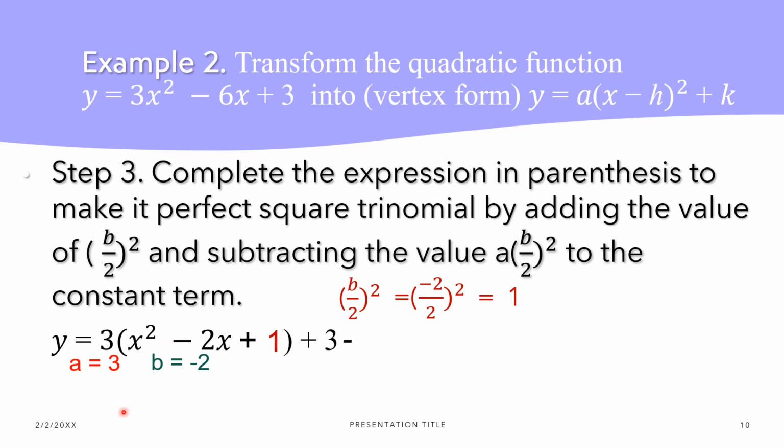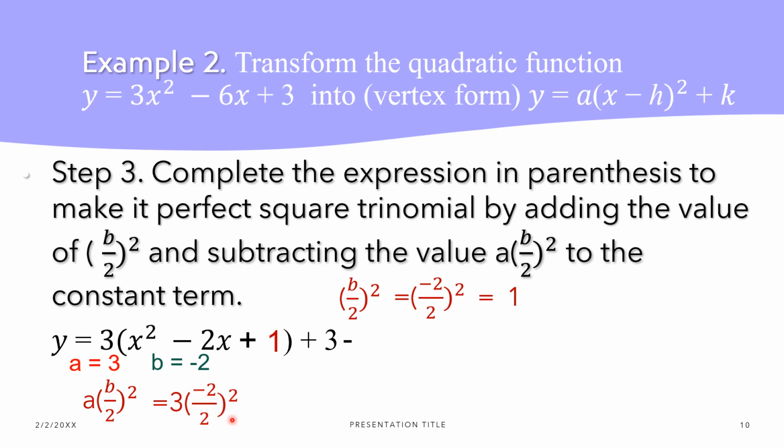ima-minus natin? So, gamit po itong a times the square of b over 2. So by substitution po, papalitan lang natin si a ng 3. Papalitan lang natin si b ng negative 2. Then, we simplify. Ang gagawin po naman natin, isi-simplify po muna natin tong with the exponent na ito.